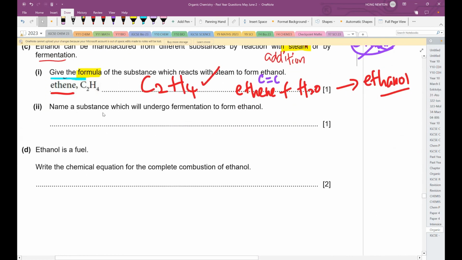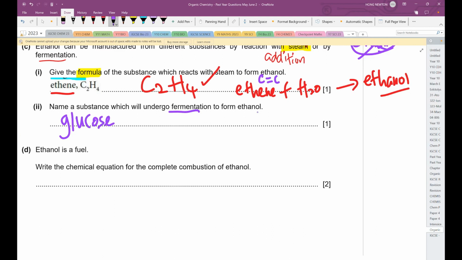Okay, next one. Name the substance which will undergo fermentation to form ethanol. The substance which undergoes fermentation will be glucose, it's not yeast.